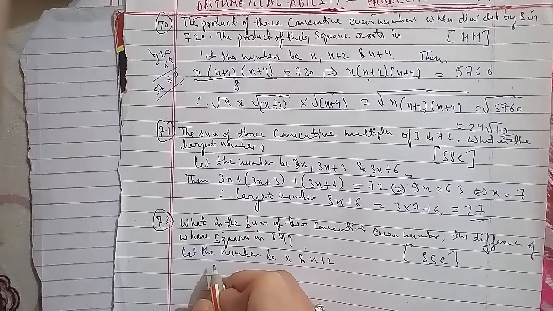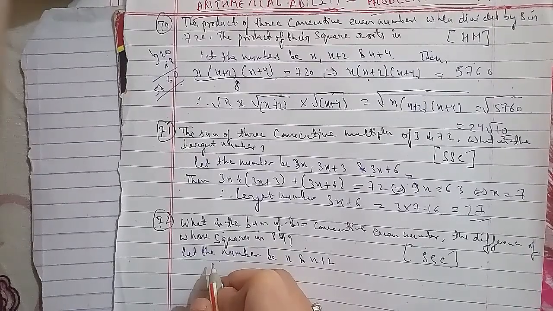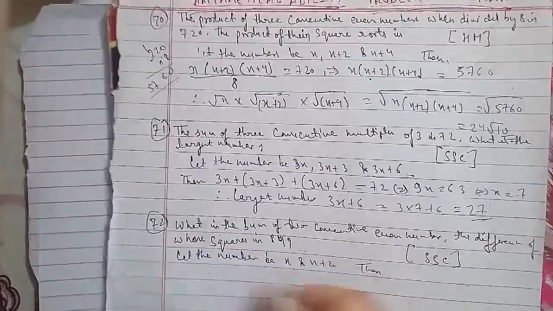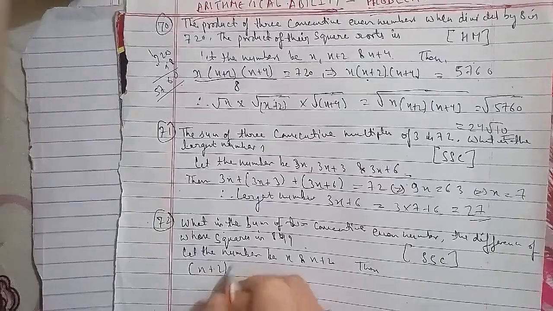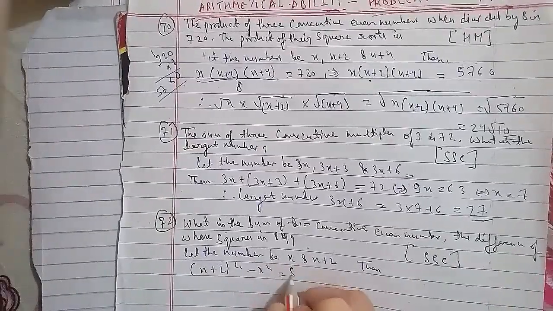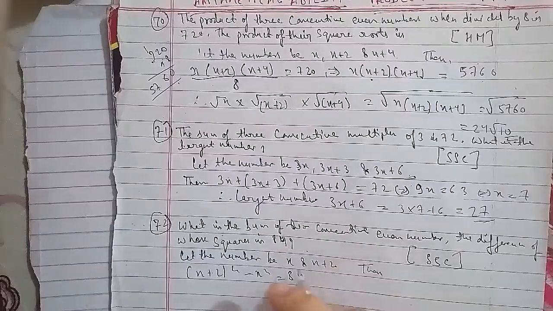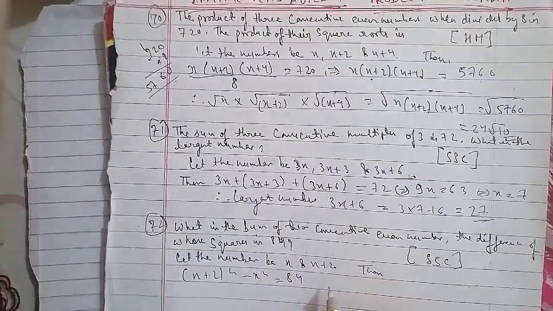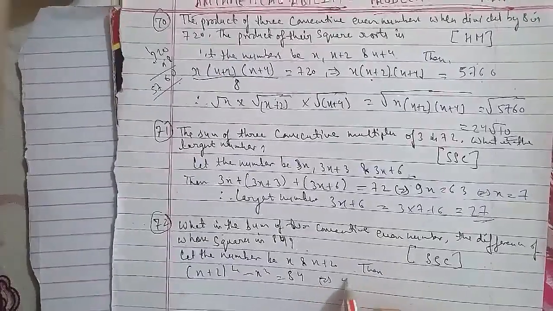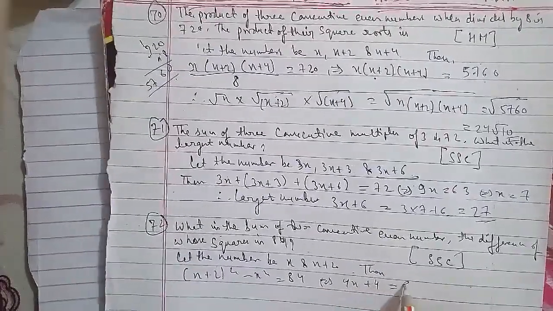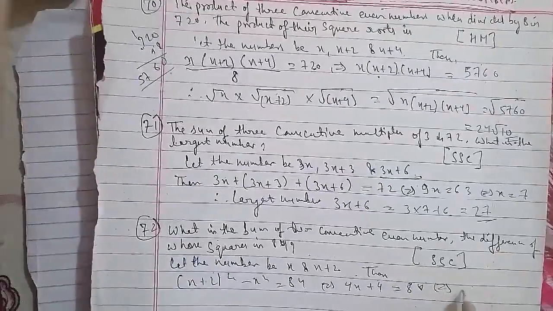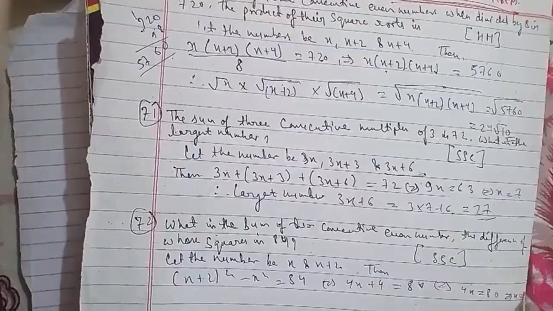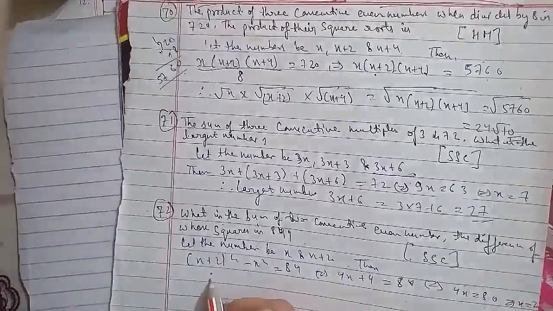So that is 4x plus 4 equals 84, which gives 4x equals 80 and x equals 20. So the required sum equals x plus x plus 2, which is 2x plus 2, and that is equal to 42. So the answer we get here is 42. That will be the right answer for this particular question as well.